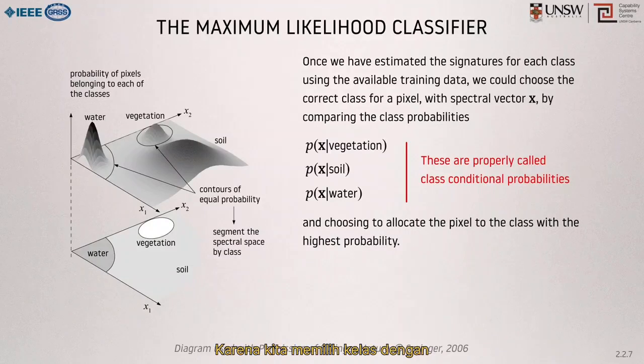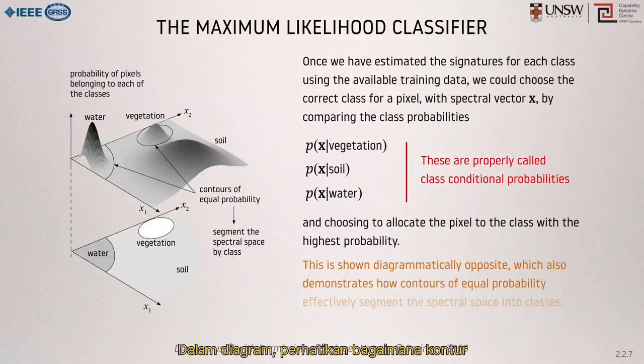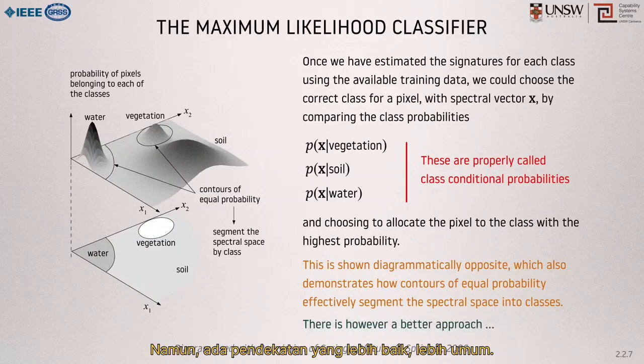And because we are choosing the class of the highest likelihood or probability, this approach is called maximum likelihood classification. In the diagram, note how the contours of equal probability segment the spectral space into class regions. There is, however, a better, more general approach.